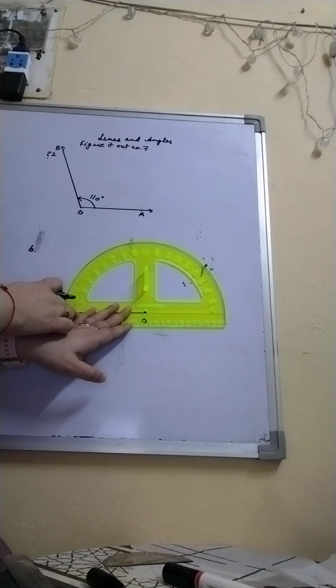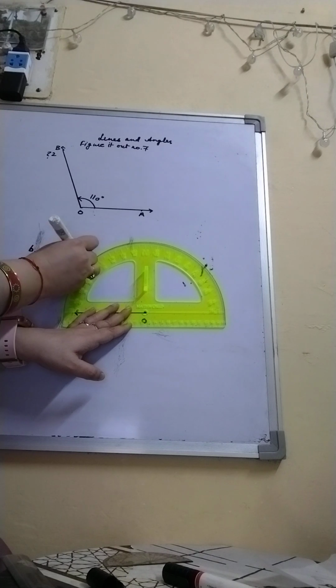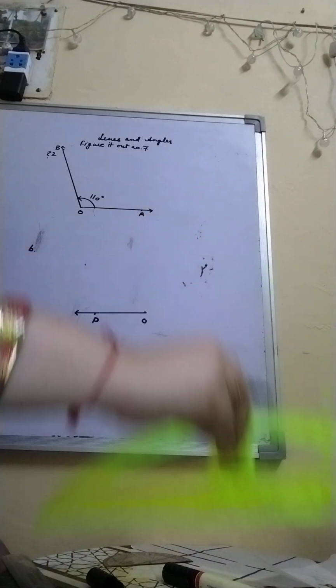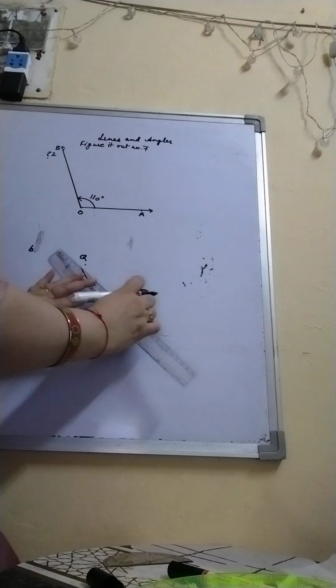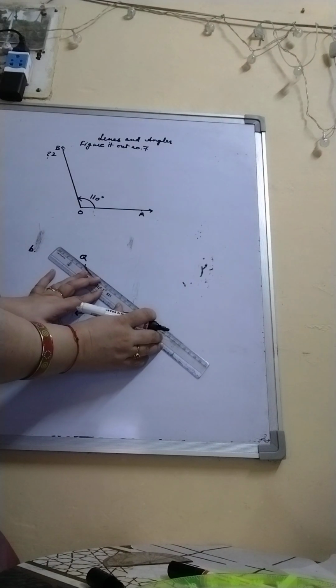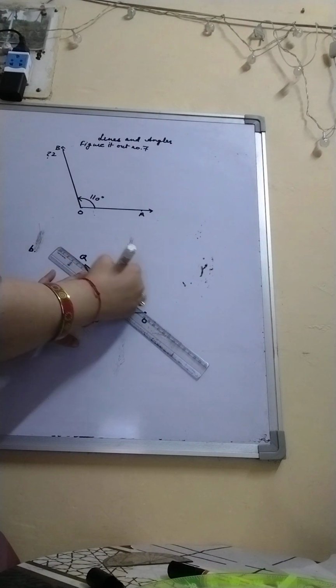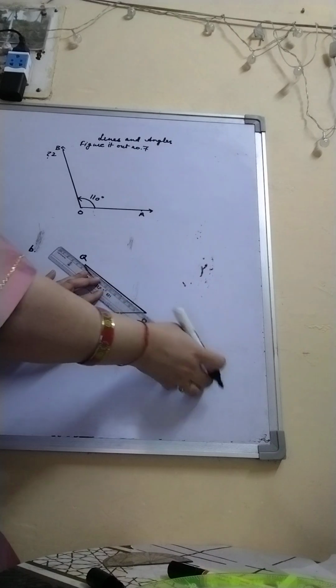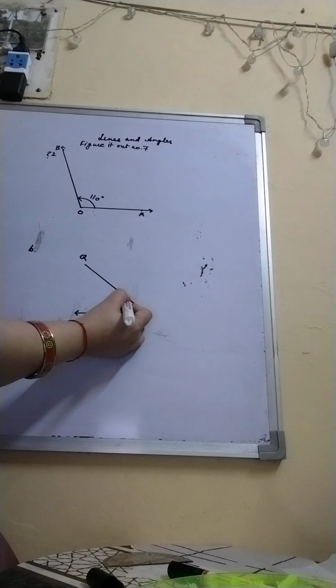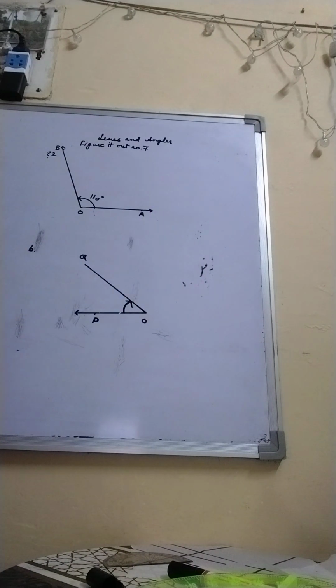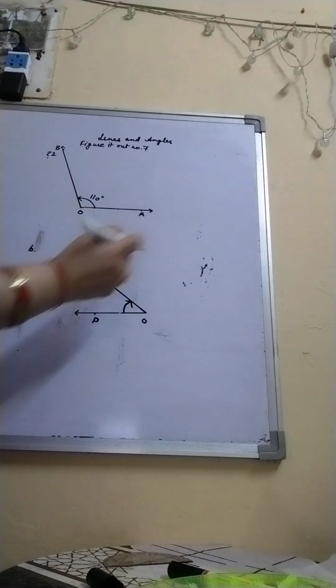Start with the 0 measurement, 0 degree, 0, 10, 20, 30, 40, and you get the point Q. Join OQ, and now the turning is from OP to OQ, so your arrow would be clockwise, going clockwise.